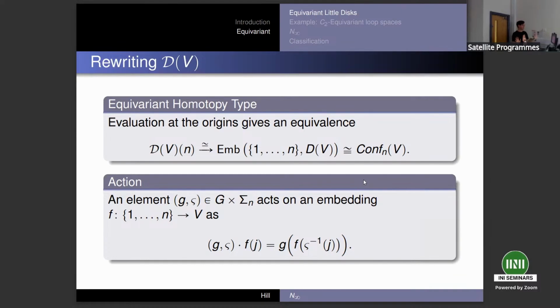And of course, that's not what I mean. What I mean is the one you were actually picturing, which was: I shrink a little disk and then I slide it over. So you were probably thinking of affine embeddings, where I'm allowed to scale and translate. And those are the only ones I actually mean when I talk about embeddings here.